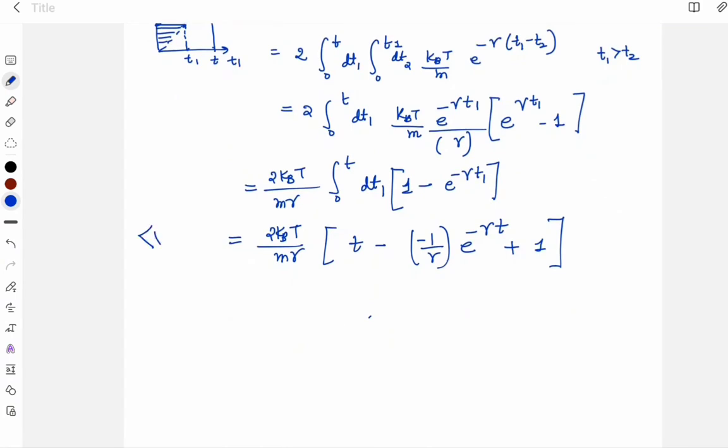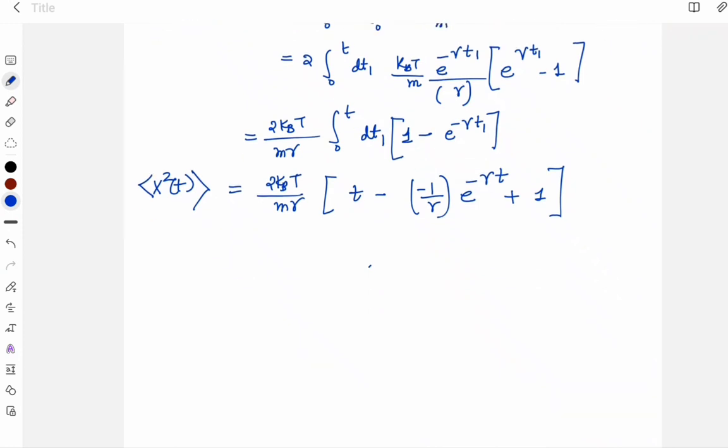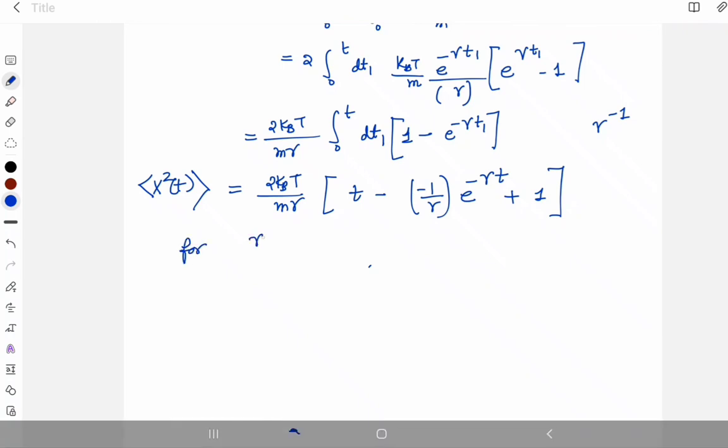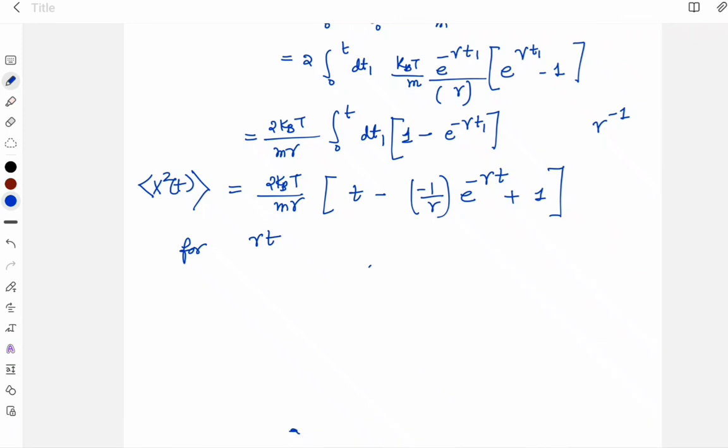So this is the mean square displacement of the Brownian particle. Okay, now we can see it in two asymptotic limits. Since we have a time scale, the average velocity correlation decays on the order of γ inverse.